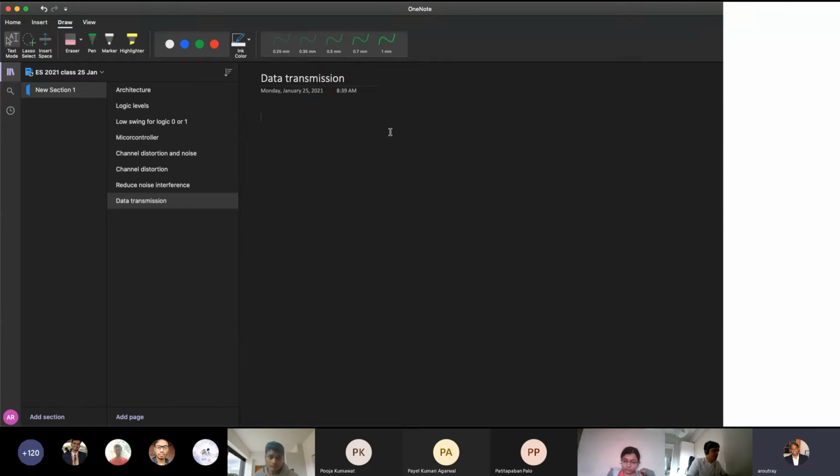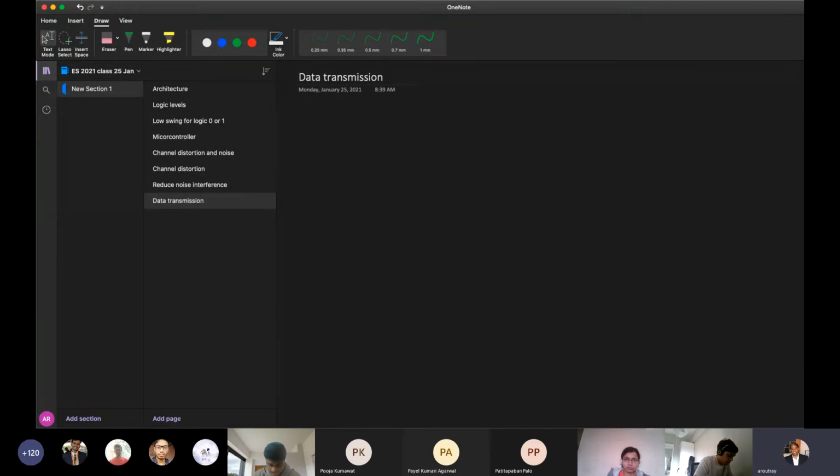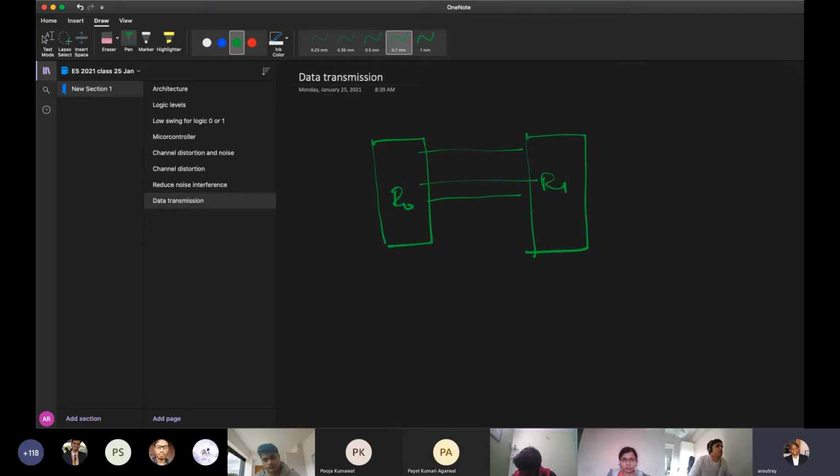So what is tight? Tight means data transmission between two digital circuits can be done like this. Let's say one digital circuit is an 8-bit register R0 and this is register R1, and the lines are connected through some gates. Sometimes we call them tri-state gates.